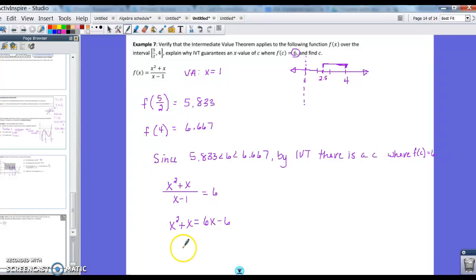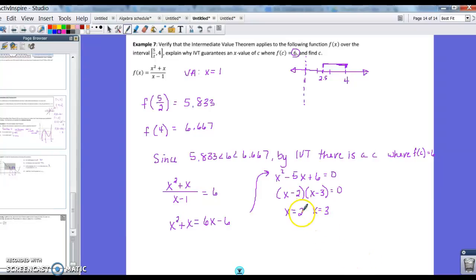Now I'm going to bring everything over to one side. I end up with x squared minus 5x plus 6 is equal to 0. When I factor that, I have x minus 2 and x minus 3. When I solve that, I get x equals 2 and x equals 3.